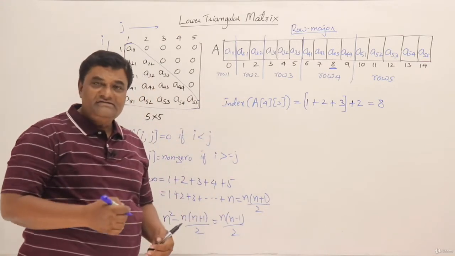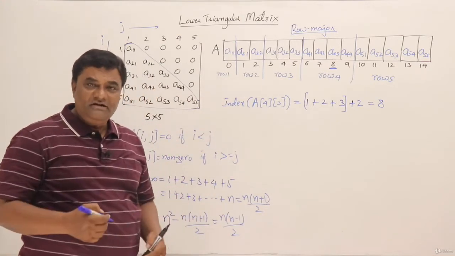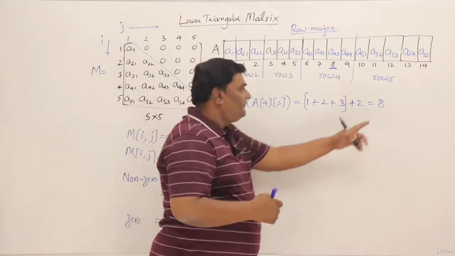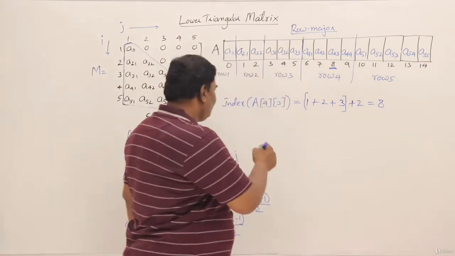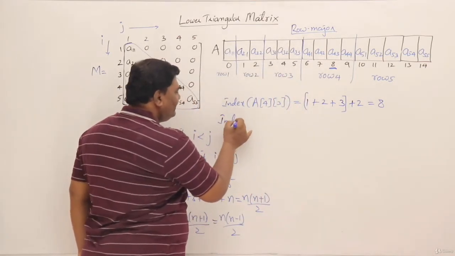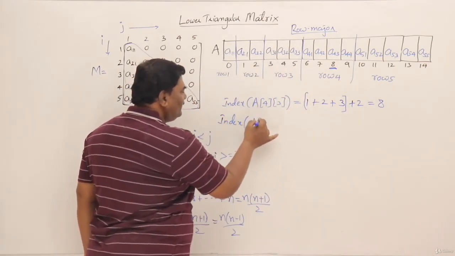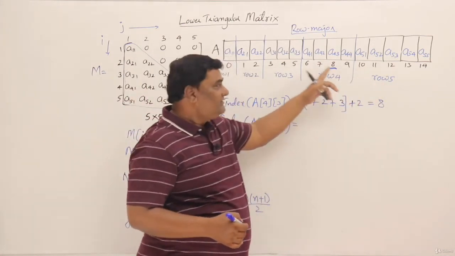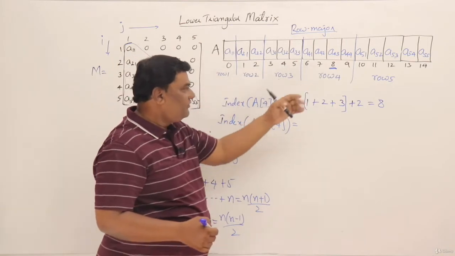Let us take one more example and then we will build a formula. Suppose I want to access 5, 4. So 5, 4 is present at 13. So what should be the index of 5, 4? 5, 4 means I should go to 5th row. So for that I should cross over 4 rows.